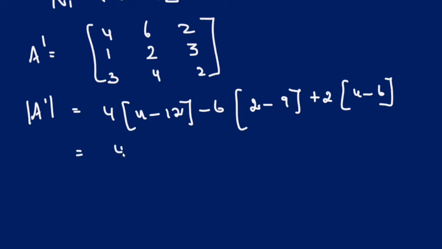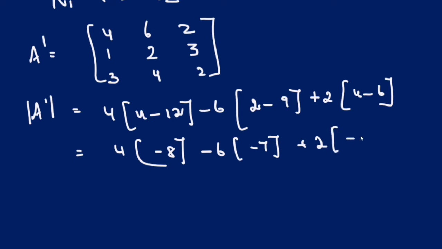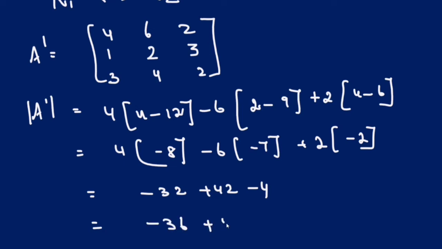So what do you get now? 4 into 4 minus 12 is minus 8, minus 6 into 2 minus 9 is minus 7, plus 2 into 4 minus 6 is minus 2. So that is minus 32, 6 into 7 is 42, then minus 4. So minus 36 plus 42. What is the answer? 6.